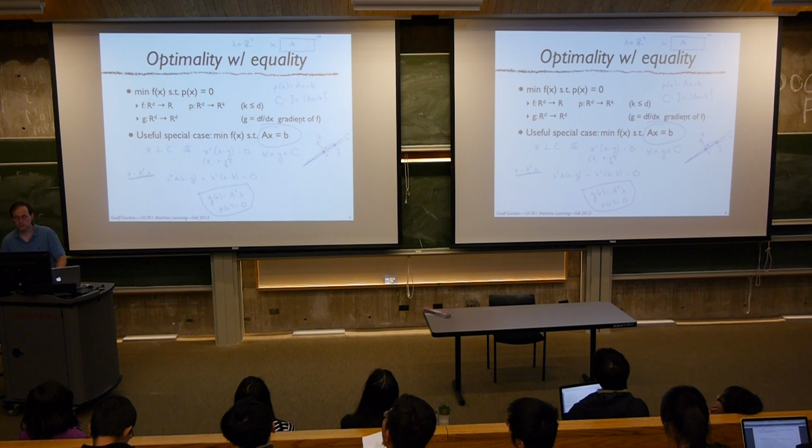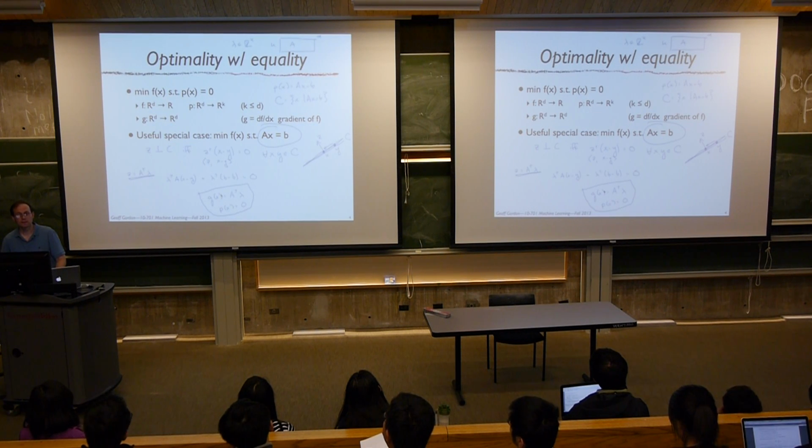So A transpose is going to be d by k. A transpose lambda: we can multiply the k vector lambda and get a d vector, which is the same dimension as the gradient of x. It always helps to count the dimensions of everything I write on the board, because it helps understanding, and you might catch a mistake where I skip a transpose or something like that.